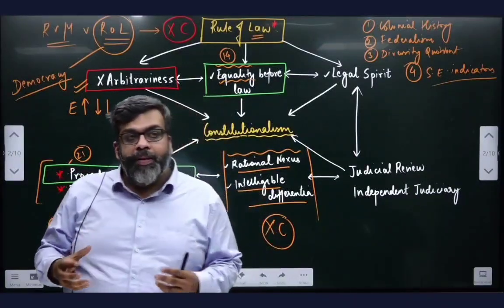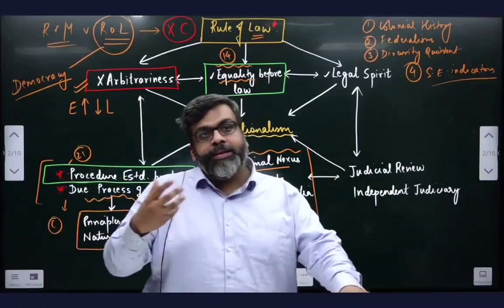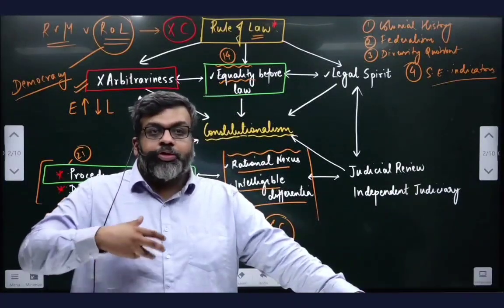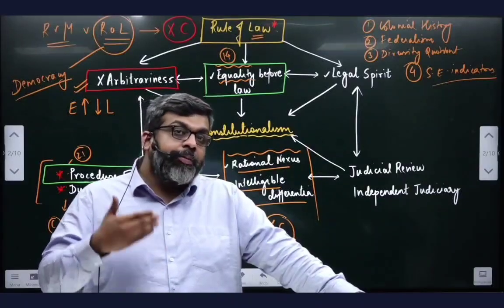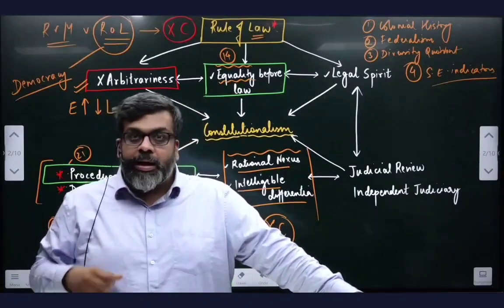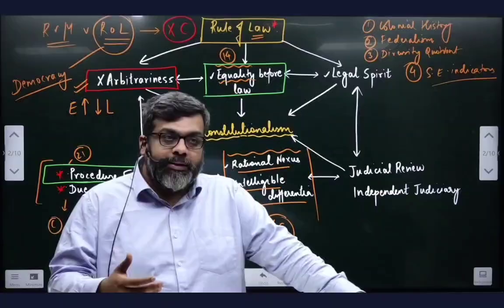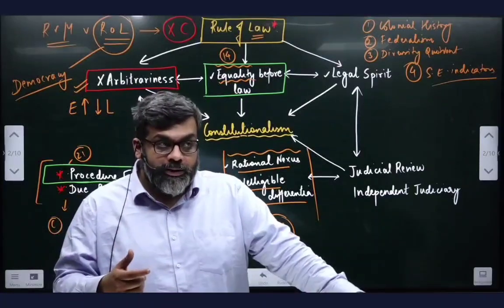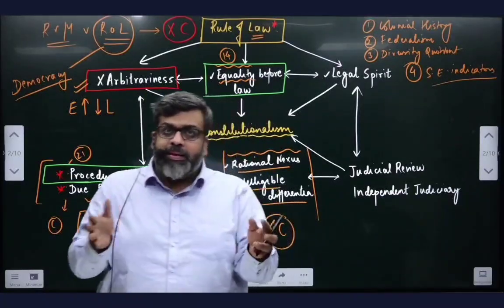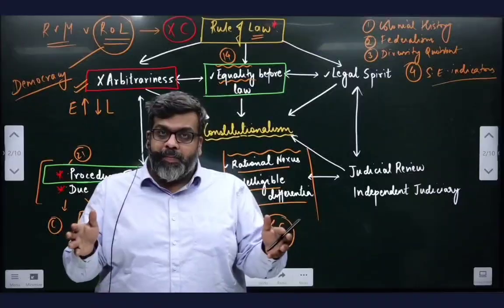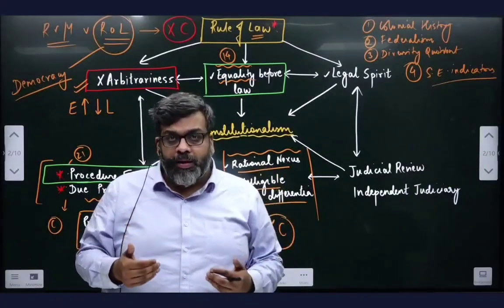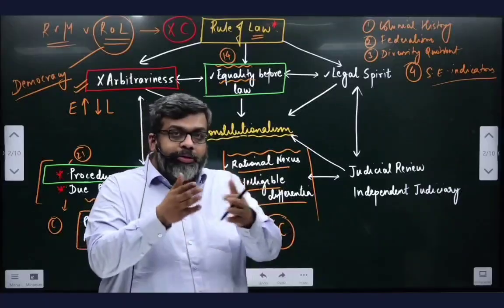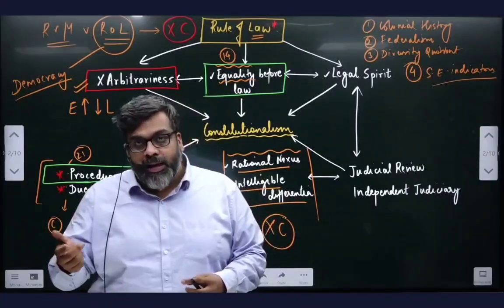So for example, let us say your objective is social justice, which means that people who come from disadvantaged castes must be given some relaxations, some special provisions. So you have basically bifurcated people on the basis of, let's say, upper caste and lower caste. Is that a reasonable basis? Sounds like it.